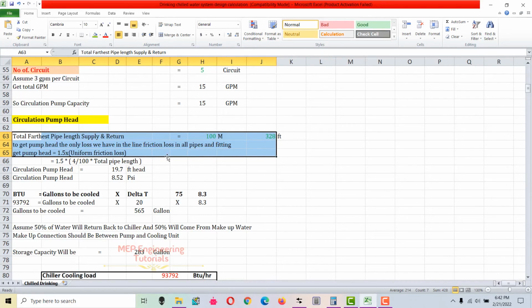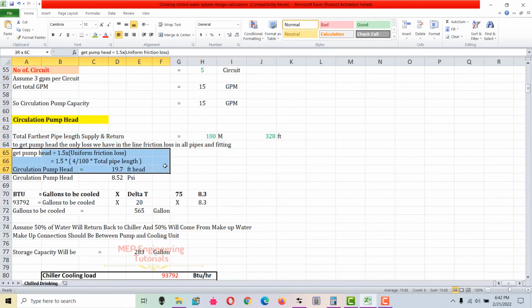So here I am going to assume 50% of straight pipe length losses to be used for fittings and components. That's why I multiply this with 1.5 here to get the pump head. So we need to multiply uniform friction head loss with 1.5 to get the circulation pump head.